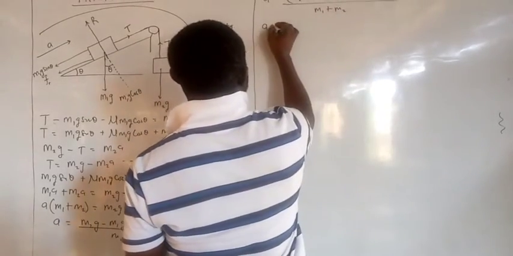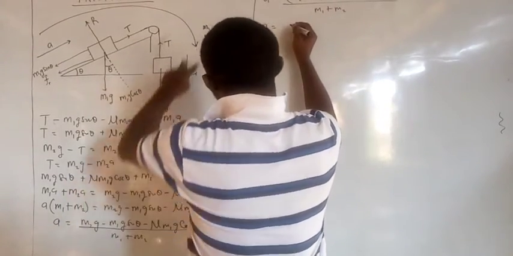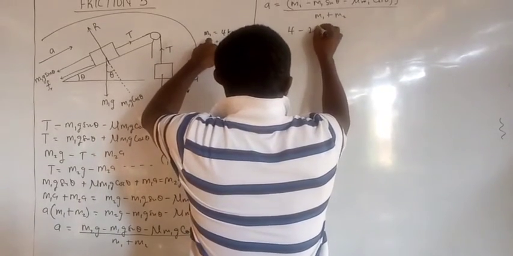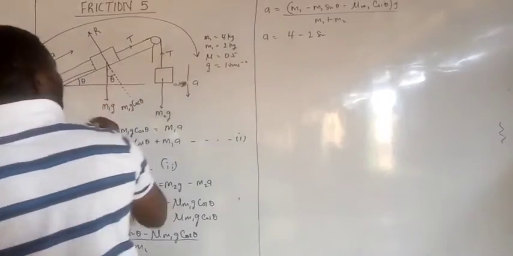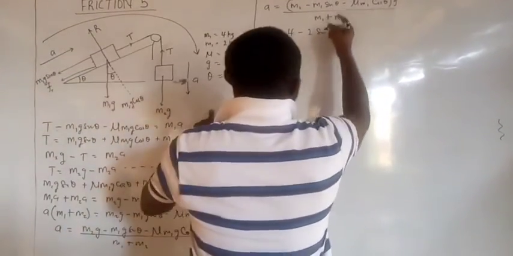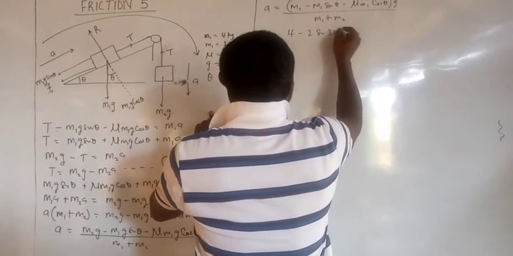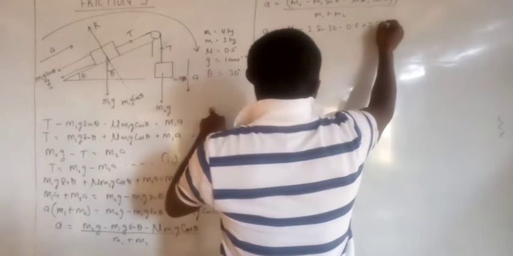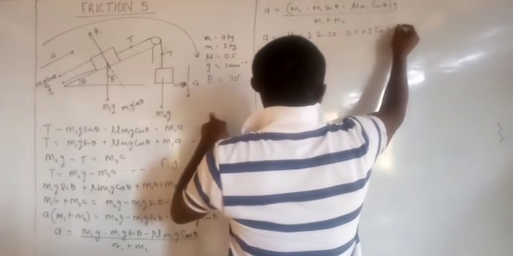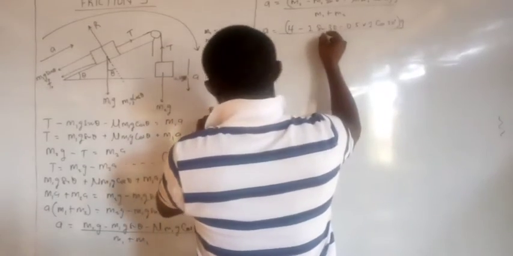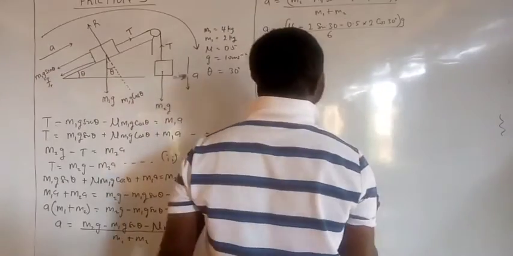So what is acceleration? Acceleration now will be 4 minus 2 sin, if my angle theta is 30 degrees, then I have sin 30 degrees minus 0.5 times 2 cos 30 degrees, all into bracket G over M1 plus M2, which is 6.